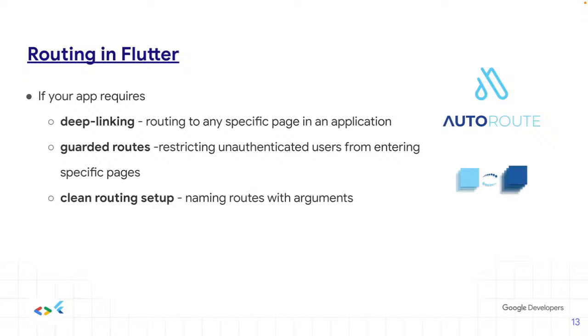So if you have a widget that you only want authorized users to see, you can guard that route. That means not everyone can enter that route. Only people who are authorized can enter. So this is one of the key features which is possible with AutoRoute. And obviously, we will have a clean routing setup because all of the routes will be registered in one file.